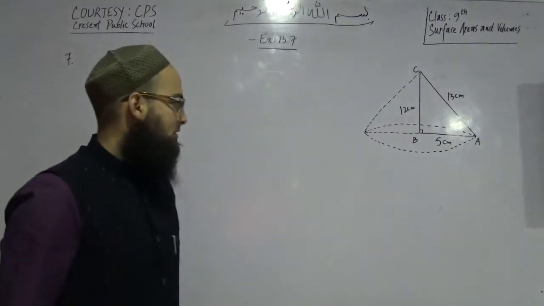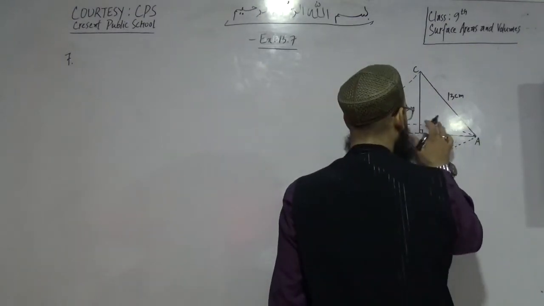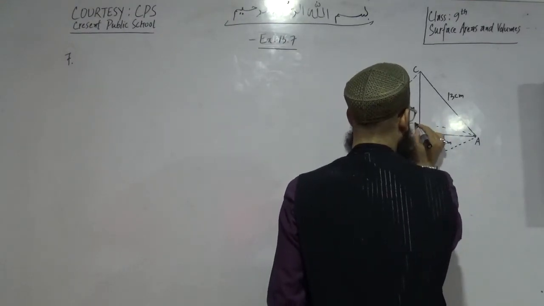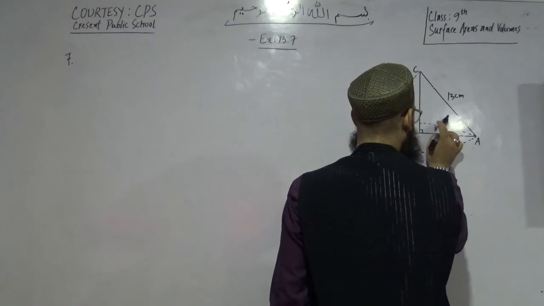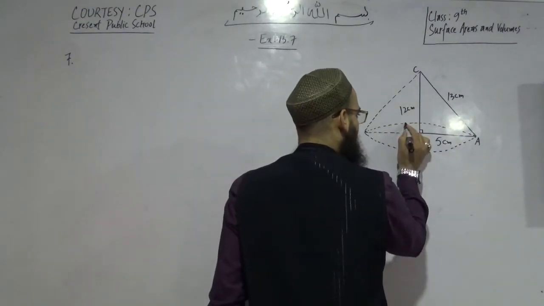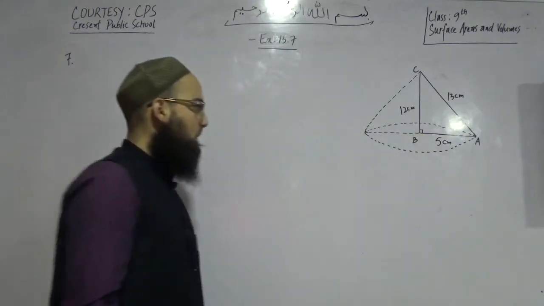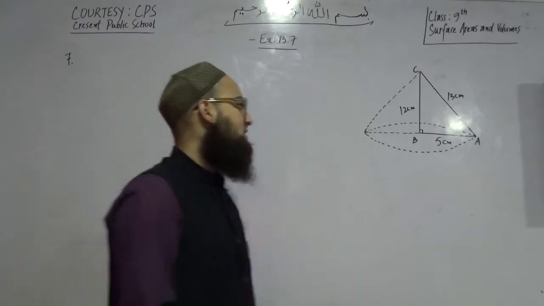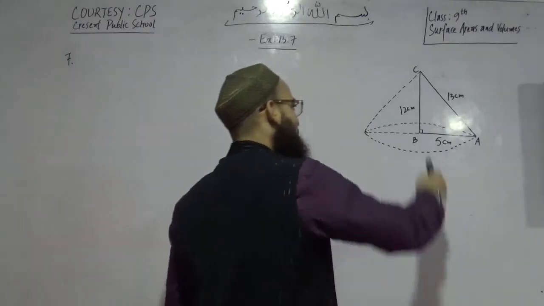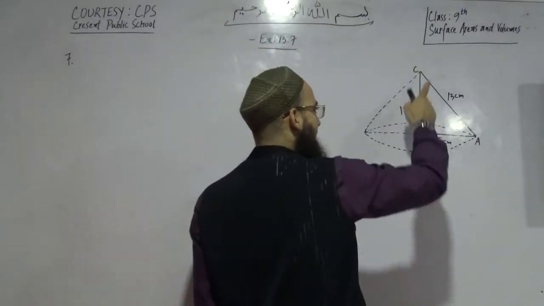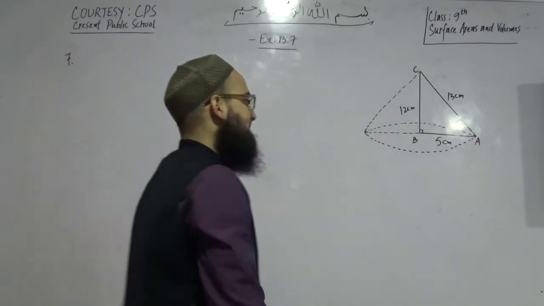So you got this cone. Now you need to find the volume of this solid, that means volume of this cone. And for this cone you have 1 by 3 pi r square h. So you have height and you have radius. Got it?